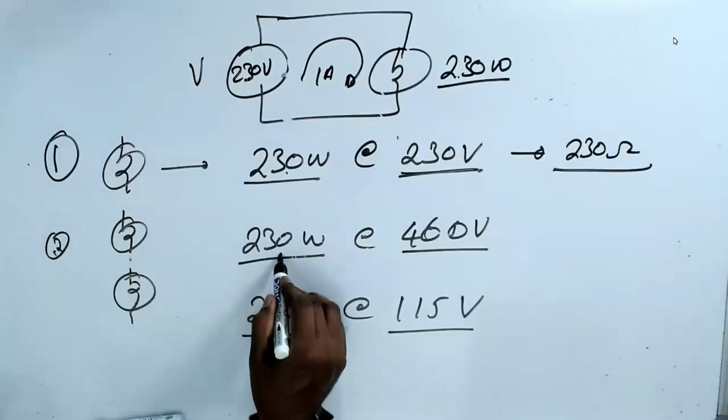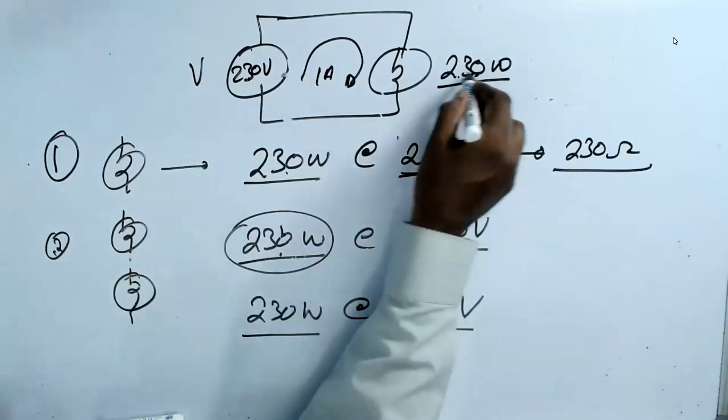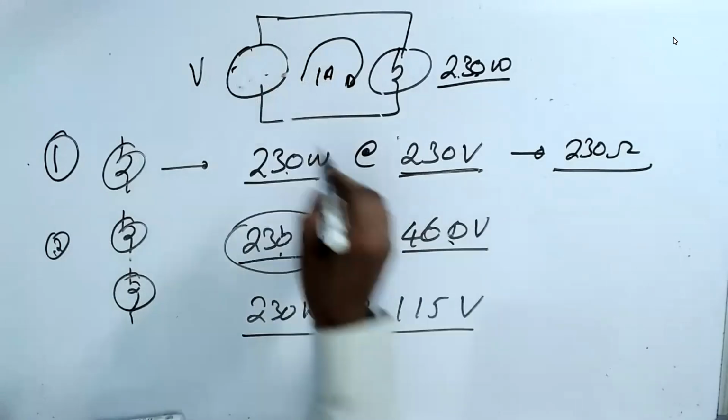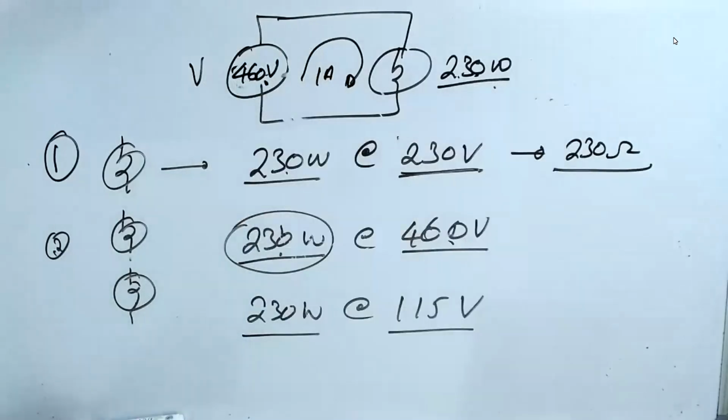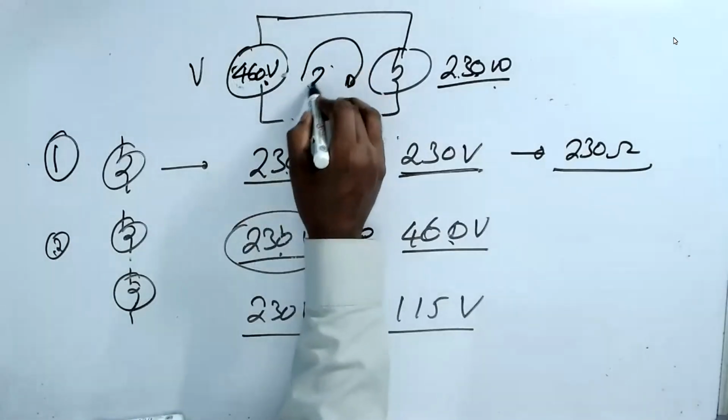Now I go to the second condition. I have a bulb of 230 watts, same 230 watts, but only if I apply 460 volts will it give 230 watts. Otherwise, it does not. So the current is 2 amperes.